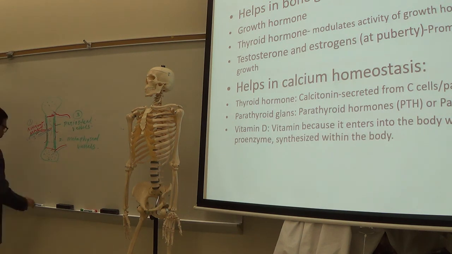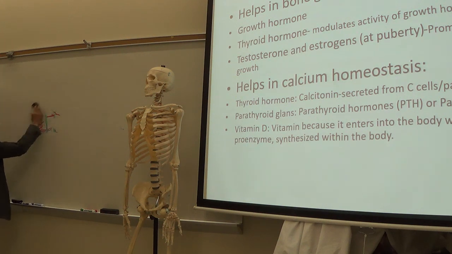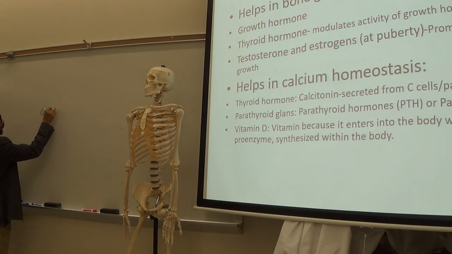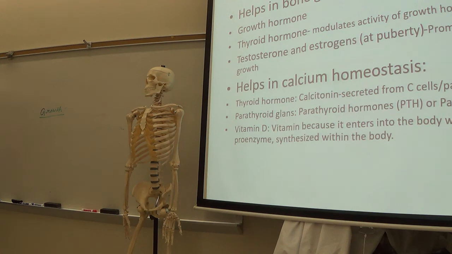Okay, now the hormones. Two types of hormones I told you. One type of hormones help in the growth of the bone. The main one is called the growth hormone. Have you heard this name?